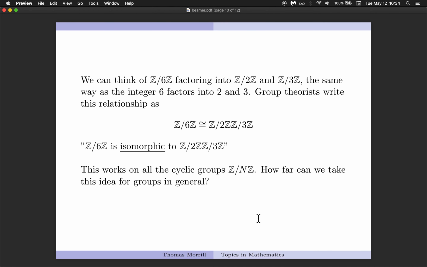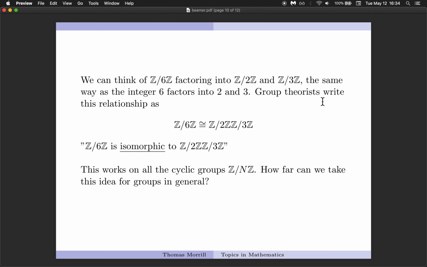In this way, I can think of Z mod 6 as factoring into the 2 different groups Z mod 2 and Z mod 3. And it's not a coincidence. That's exactly the same way as 6 factors into 2 and 3.